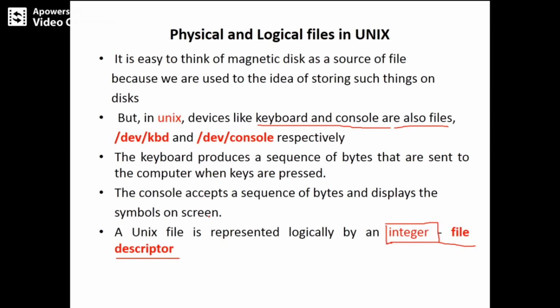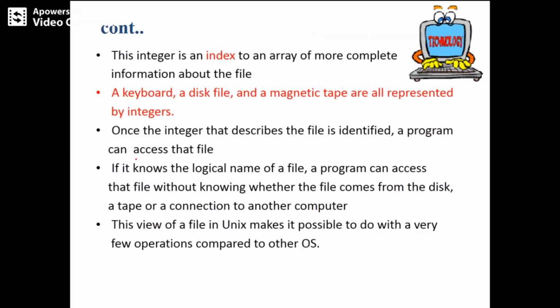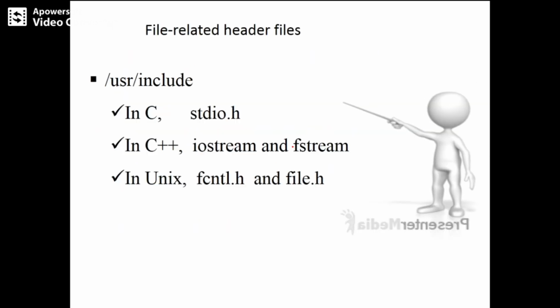It is a pointer for the particular file. This integer is an index to an array of more complete information about the file. So a keyboard, a disk file, a magnetic tape are also represented by integers. In the Unix directory structure, everything is represented by an integer. Whenever you write a program, if you specify that integer, it will go directly to whichever thing you need.